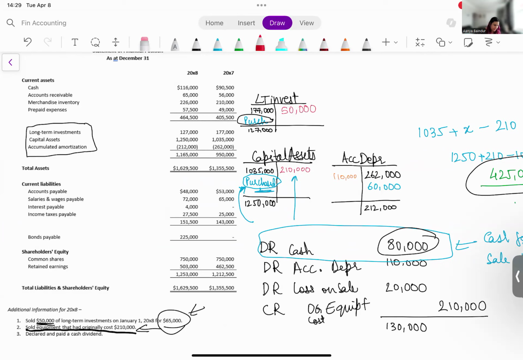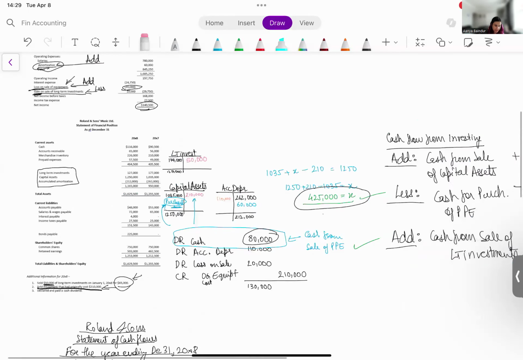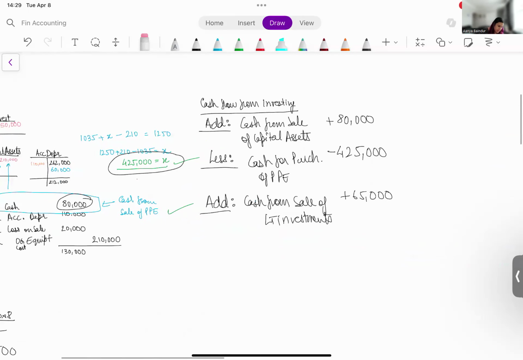Let's do the math on this. If we do this equation, we see that the purchase here is 0. So that means there was no purchase. We didn't purchase any long-term investments. So the only thing that happened was a sale of long-term investments. Now let's add these figures in.